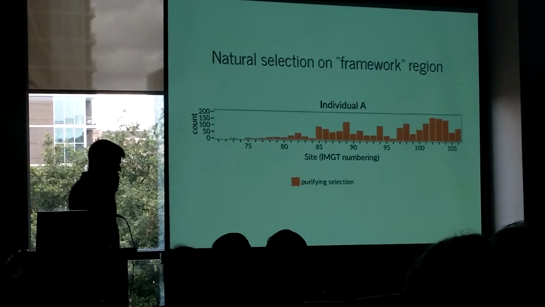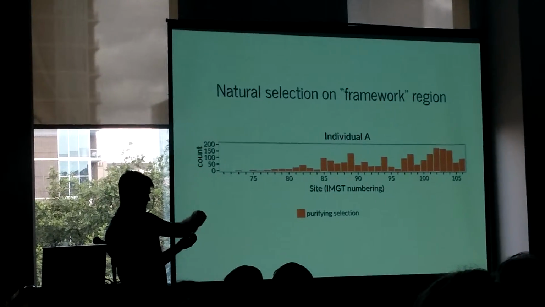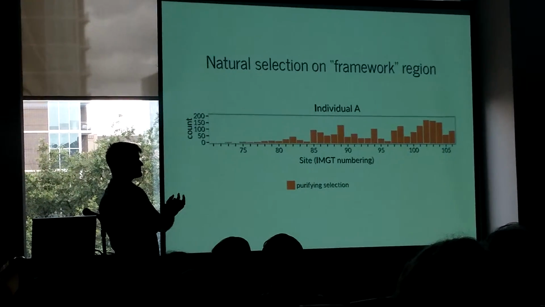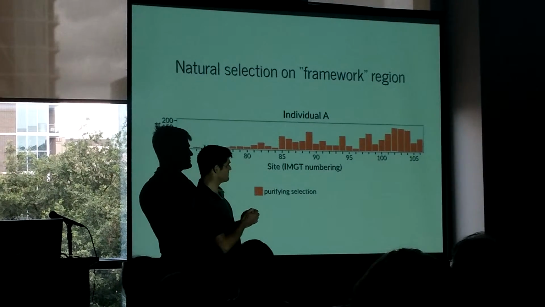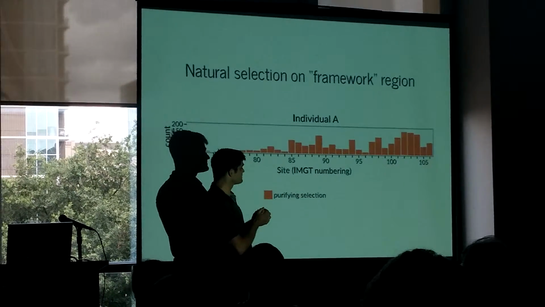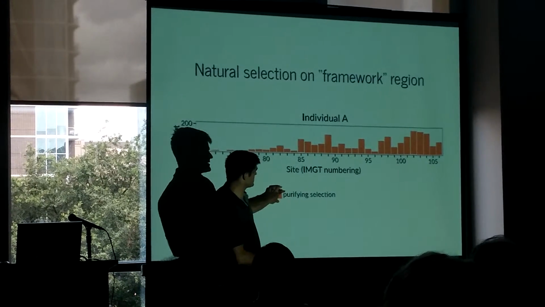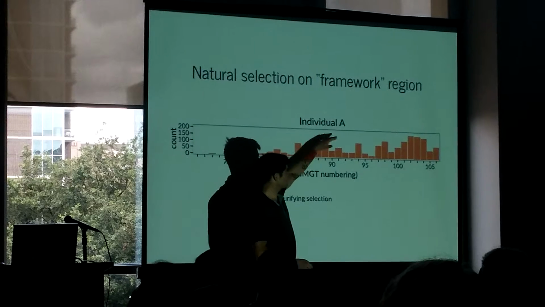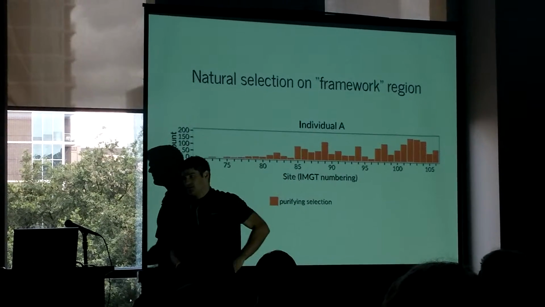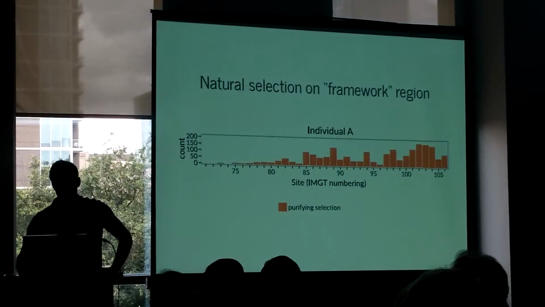So there's part of the V gene that forms basically the stalk of the antibody, and that's called the framework region. Immunologists typically think of this as being somewhat fixed. But here, if we're looking at the level of purifying selection, we can see that it varies quite a lot in this so-called framework region.